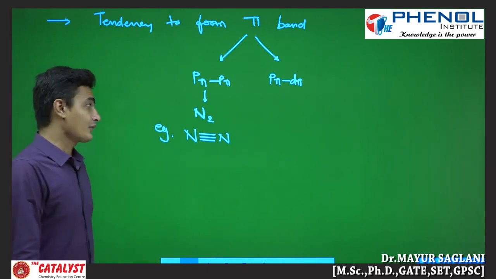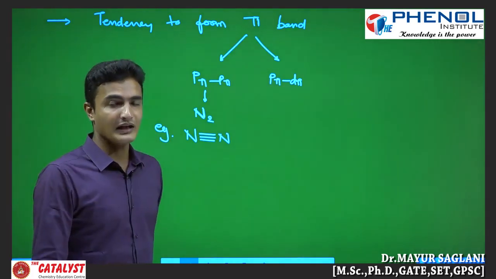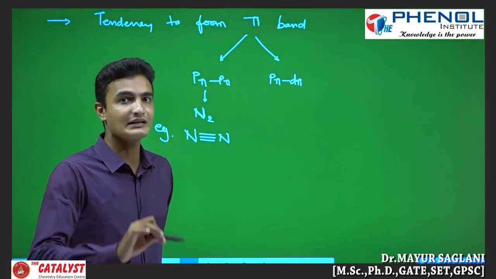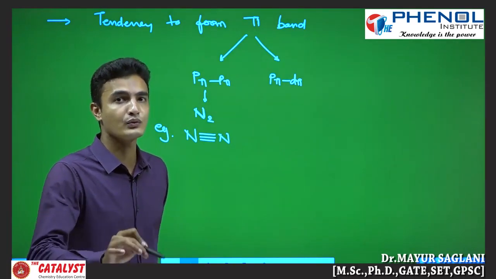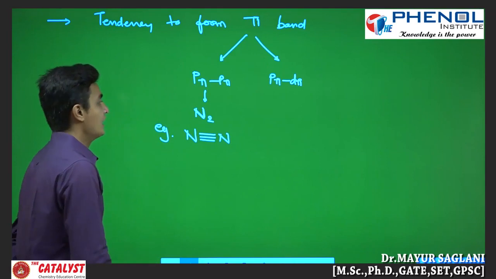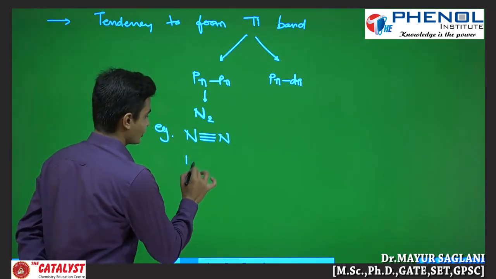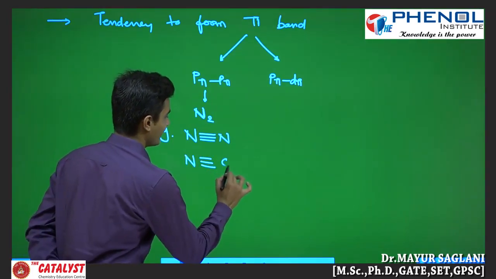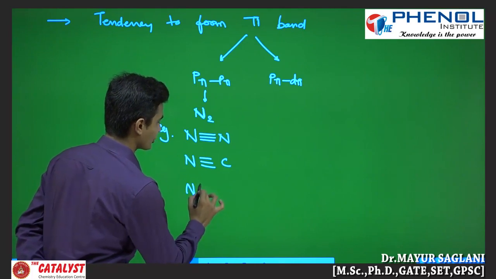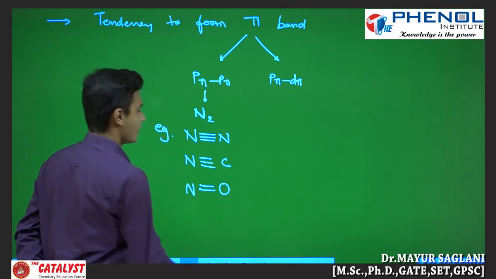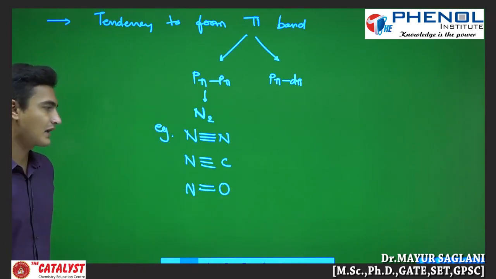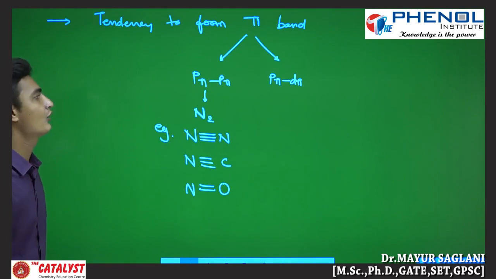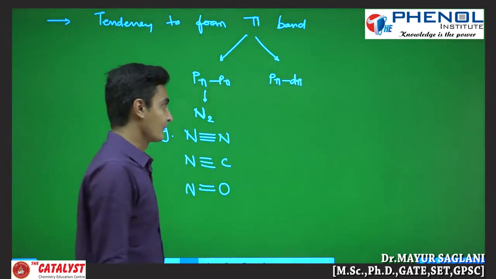Fine. That's why N2 is stable. N2 in the gaseous form is stable, and that's why it shows inert behavior. Fine. Nitrogen also forms bonds with carbon, and likewise nitrogen can form bonds with oxygen. So these are p pi p pi bond examples, and all the bonds are stable.